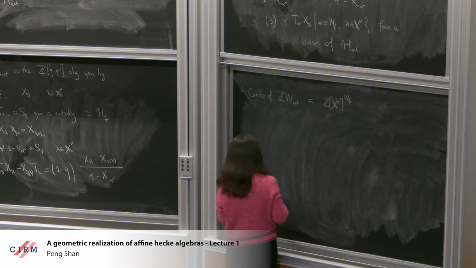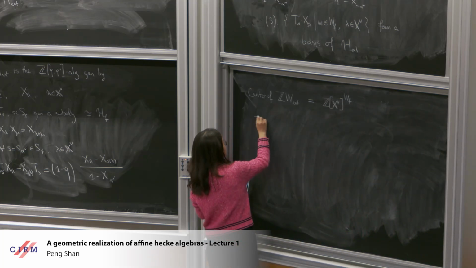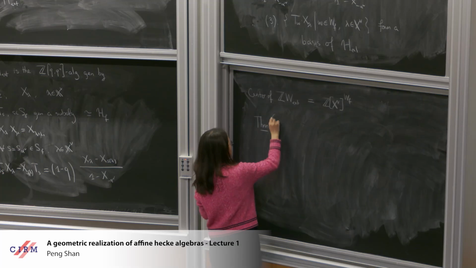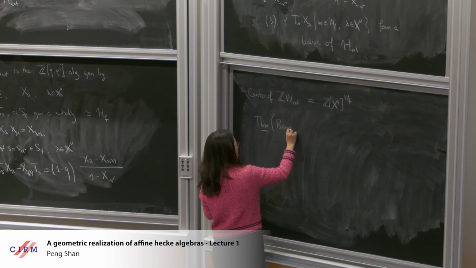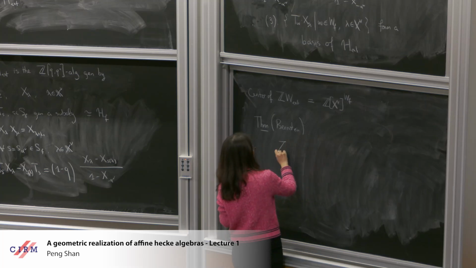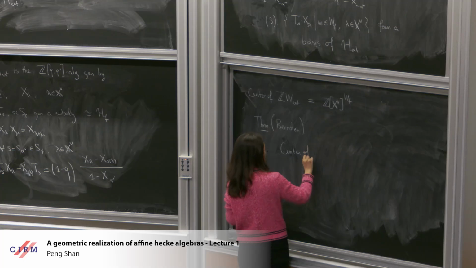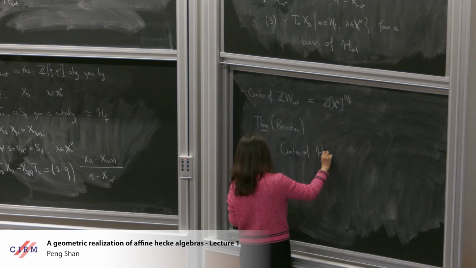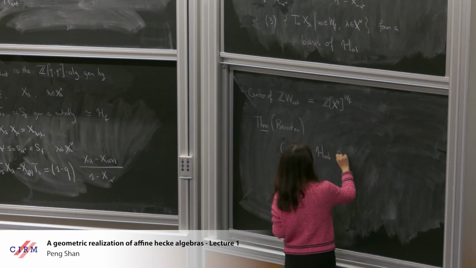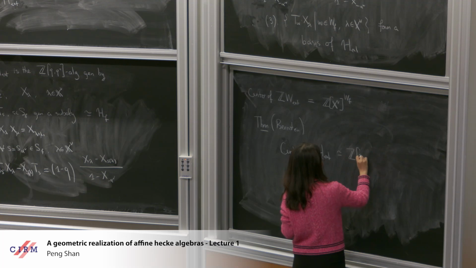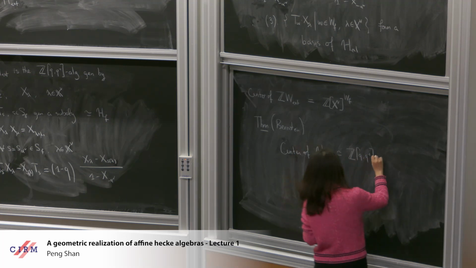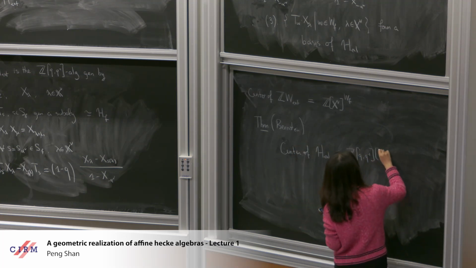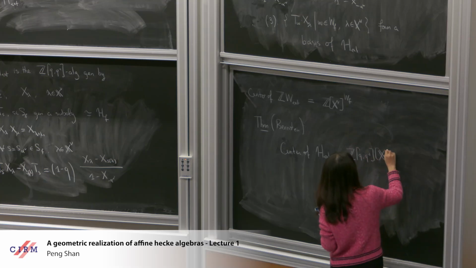And it turns out the similar statement holds for the affine Hecke algebra. So this is again a theorem of Peng Shan, that the center of the extended affine Hecke algebra is isomorphic to the same subalgebra.